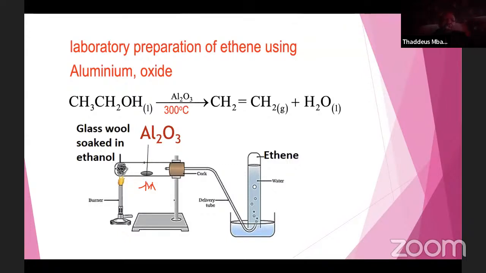So with glass wool soaked in ethanol, when you heat it, within a temperature of 60 the ethanol vapor comes out. Then the temperature reaches 300 where the aluminum oxide is. In the other setup, the temperature of 180 occurs while the entire ethanol liquid is still there, which can lead to decomposition. But this one can still produce it again.